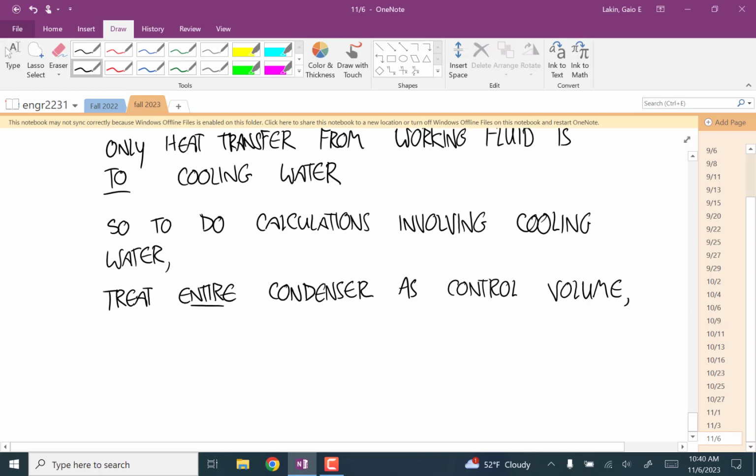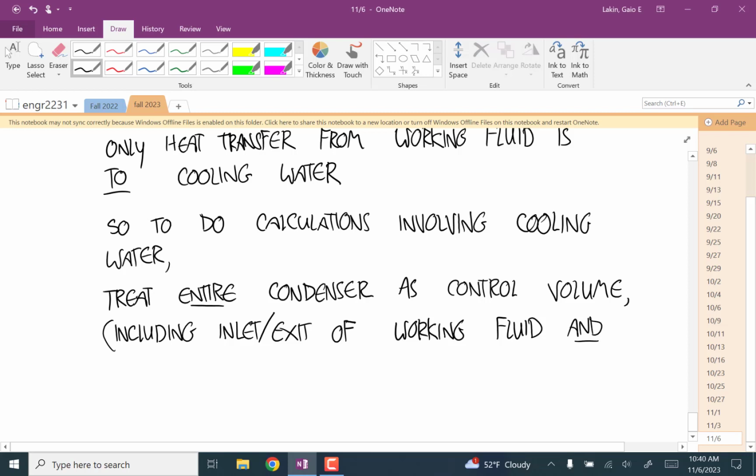So that includes the inlet and exit of the working fluid and the inlet and exit of the cooling water.